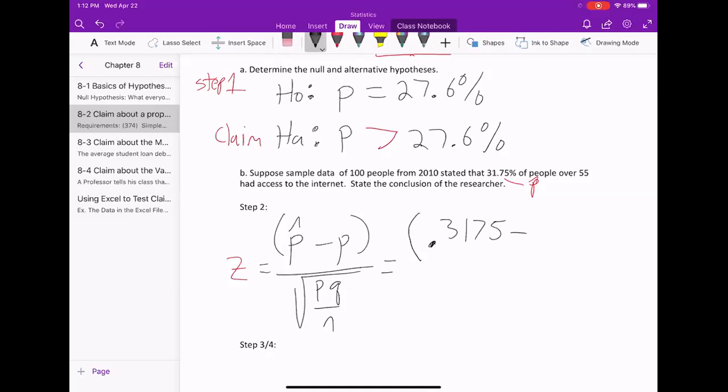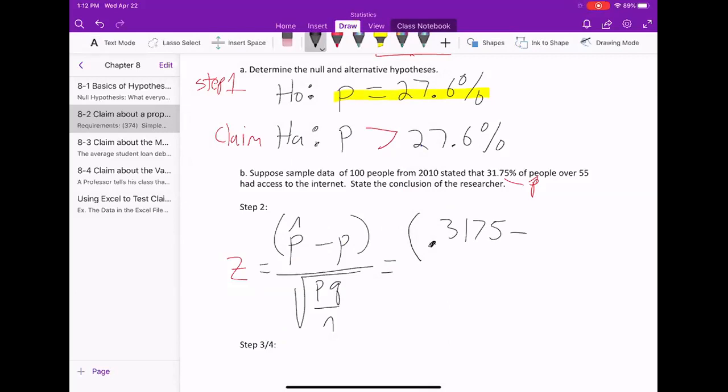What is P? Is it that 27.6? It is. That is why step one is so important. Step one, 27.6. It says it right here. P equals 27.6%. So your null tells you what P is.